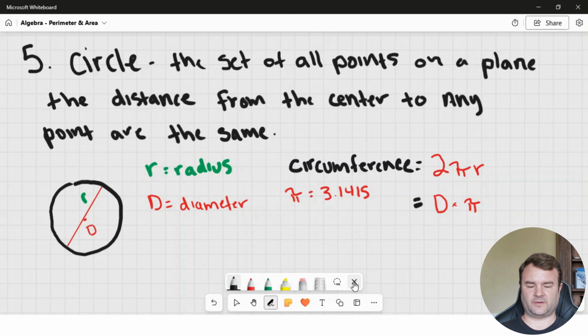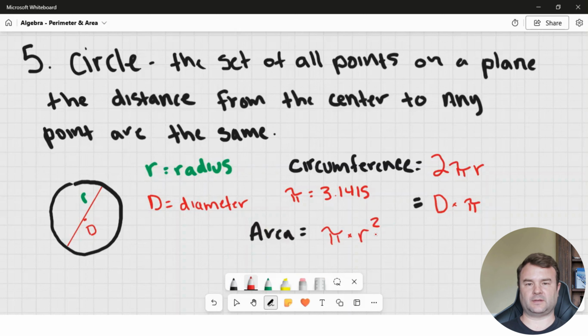And now we will define what area is. So area is equal to, again, our friend pi times the radius squared.